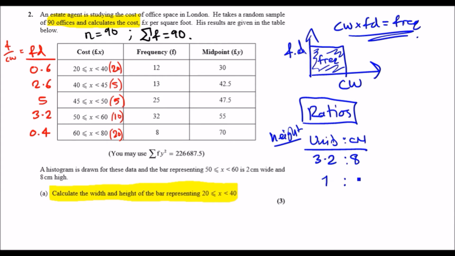It will just be 8 over 3.2, which is 2.5. So every 1 unit is 2.5 centimeters of height. Meaning, if we're going to calculate now the 20 to 40 region, which is 0.6 units, times that by 2.5, and you should get 1.5. Done. So 1.5 centimeters represents the height.